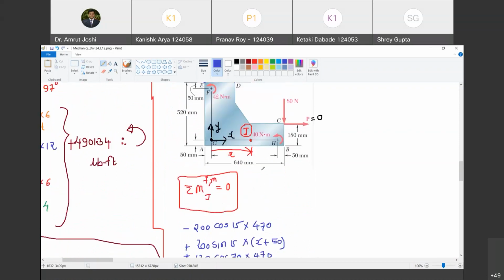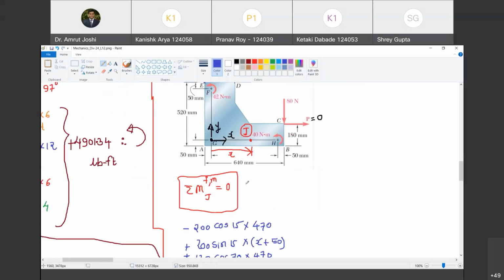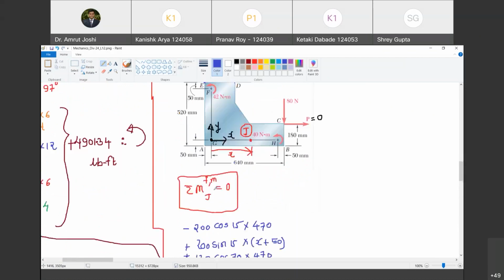Chalo, next. Haan bolo. Sir, 120 sin 70, sir. Yes, 120 sin 70. What kind of moment does it cause about J? Anti-clockwise, sir. Yes. So if it is anti-clockwise moment, I will write it as positive 120 sin 70.